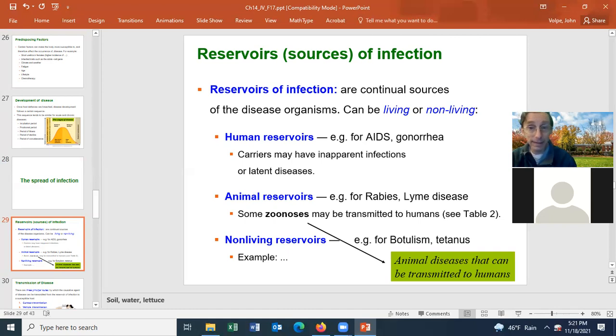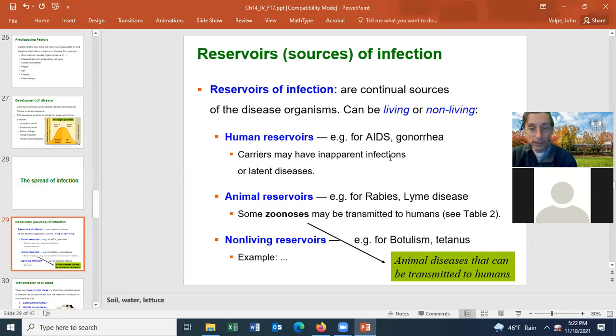There are some diseases for which humans are the only reservoir. For example, AIDS and gonorrhea: humans are the only reservoirs that other humans get the disease from. Now, it's theoretically possible that a human could get HIV from a chimpanzee, but that's very unlikely, and we have no cases known for that.